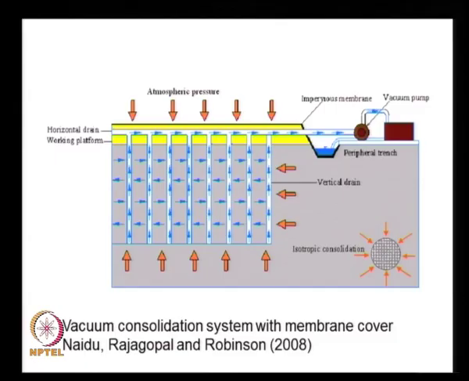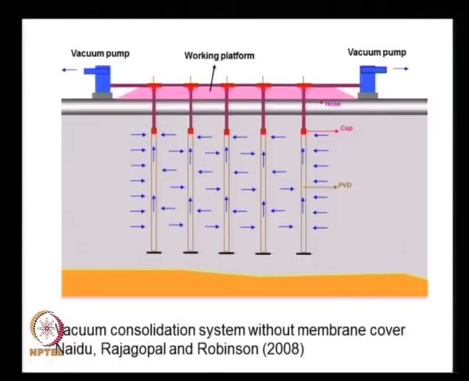So, here the main principle that we have is we increase the effective stress without increasing the total stress. That is the main principle that we will see later on, and the vacuum pressure is isotropic, that is, it is equal in all the directions, in all the radial directions and also in the vertical direction. The system without any membrane is shown here.